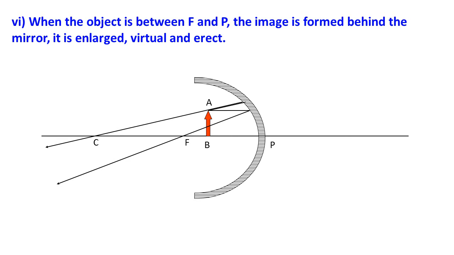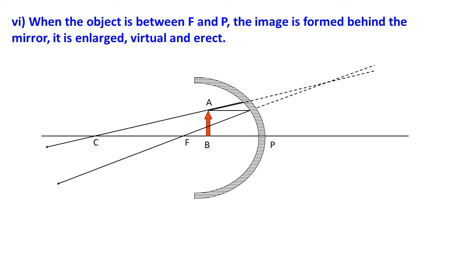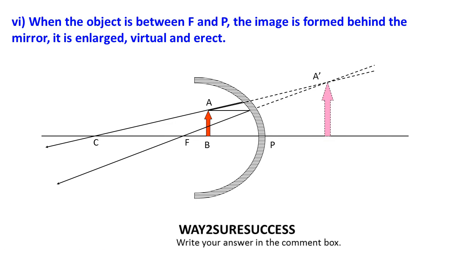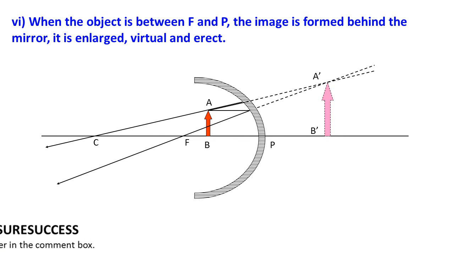But in this case it is observed that both the light rays are moving far away from each other, so even at infinity they cannot coincide in front of the mirror. So what do you have to do? You have to extend both the reflected light rays backward in a dotted line as shown here.